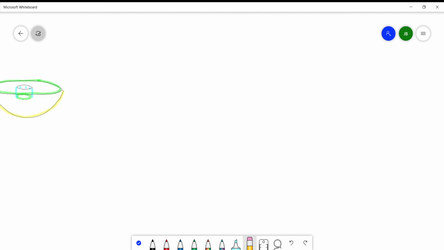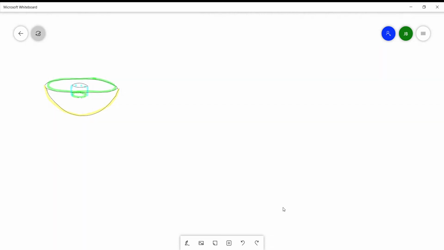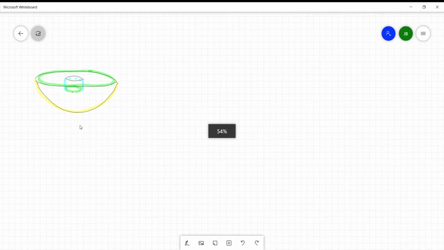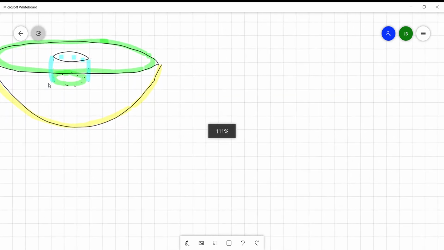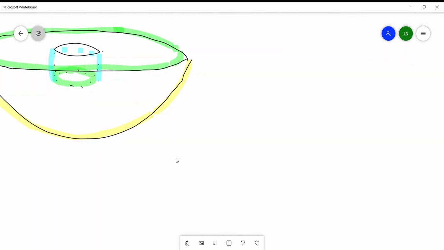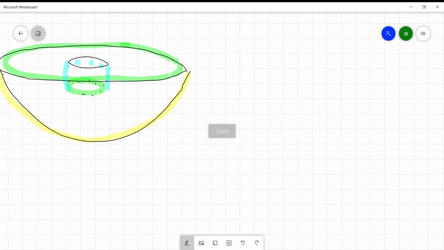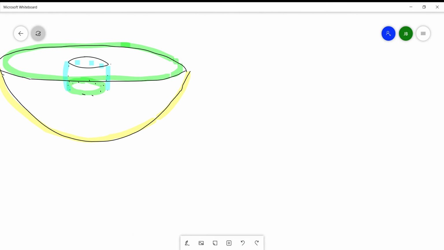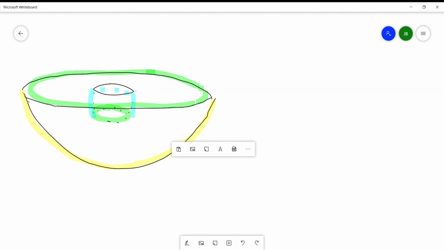All right, let's zoom it back in again since I feel like my candle holder got far away. Now the question is asking us, suppose we stick a candle in there. Suppose we snug a candle in there, and it sticks out a bit.